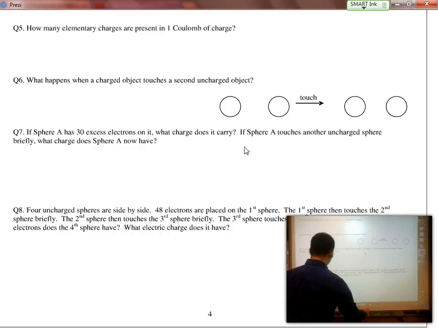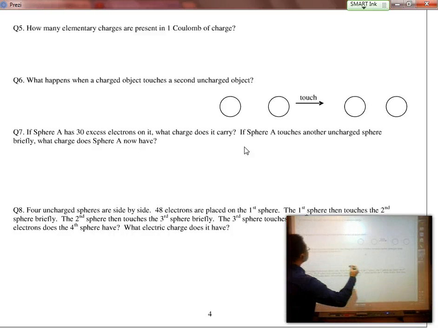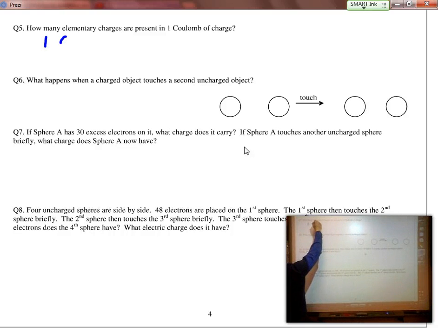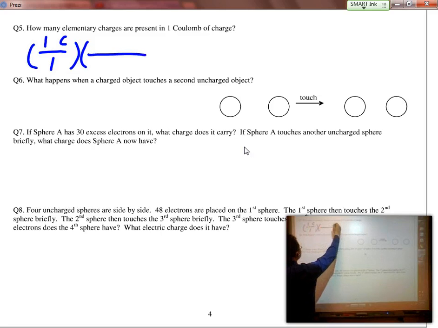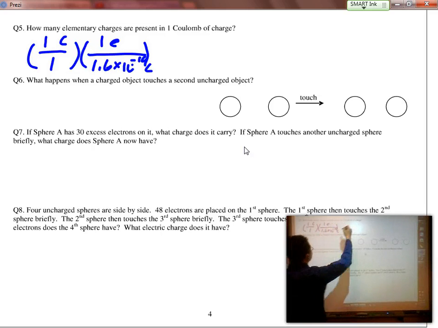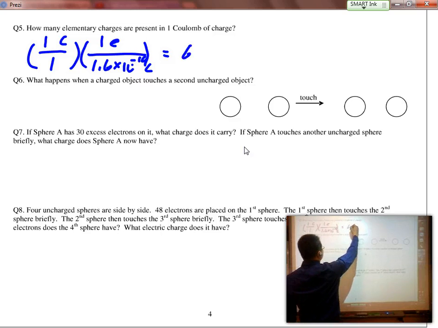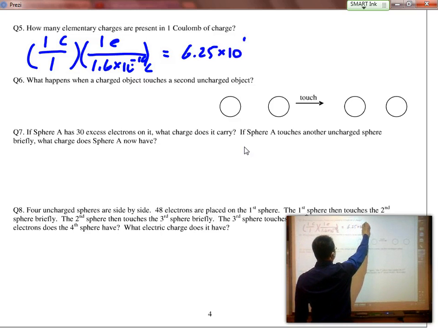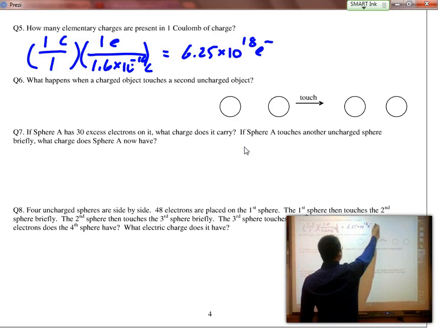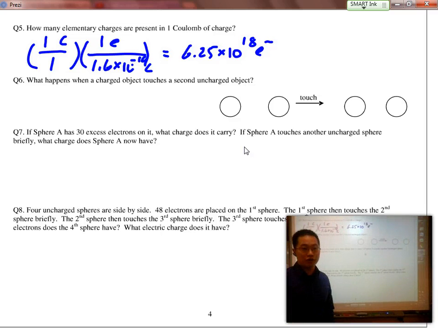If you have 1 coulomb of charge, by the way, a coulomb is the unit for charge, then I know that one electron is 1.6 times 10 to the negative 19 coulombs. Therefore, I can find out that I have 6.25 times 10 to the 18th electrons inside 1 coulomb of charge.